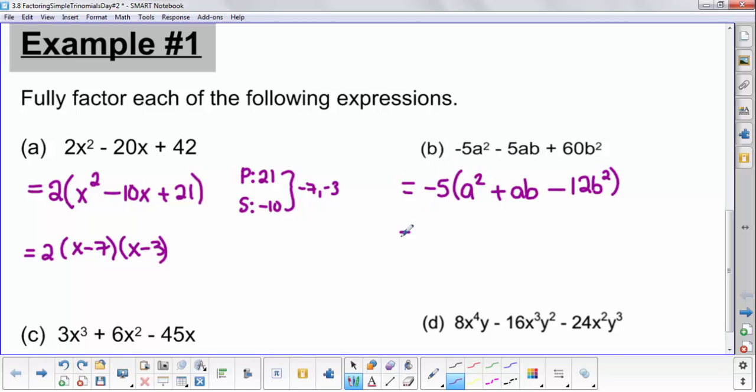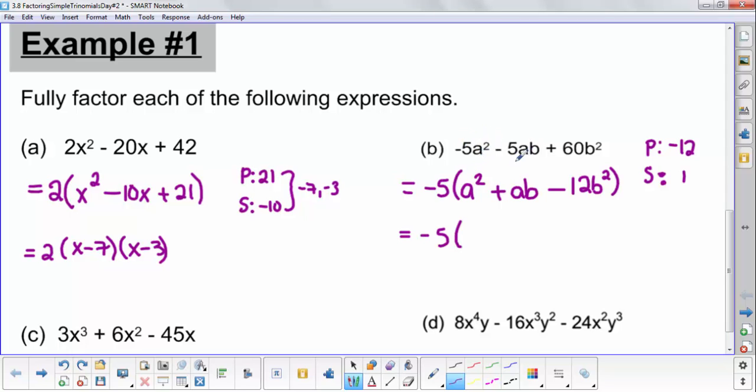So we need two numbers that give a product of negative 12 and a sum of positive 1. And again, just because there are two variables in this question doesn't mean anything changes.